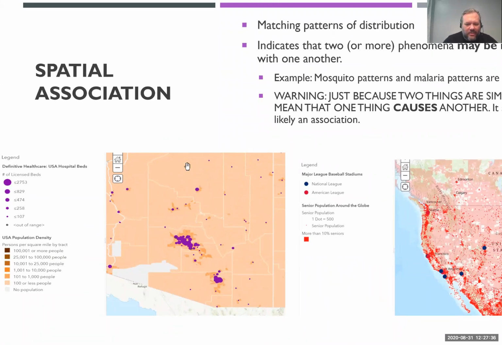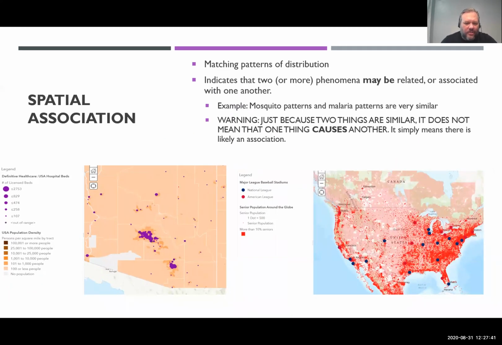The purple is the hospital beds, and the orange here is the population distribution. Is there an association between the number of hospital beds and the population? The clear answer is yes. We don't see a lot of hospitals out here because there's no population. So there's definitely an association there. Can we say from this map that one thing causes the other? That answer is no, but we can definitely say they're associated.